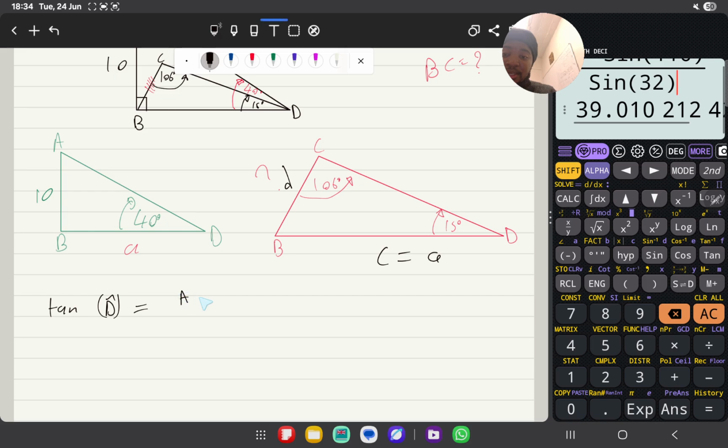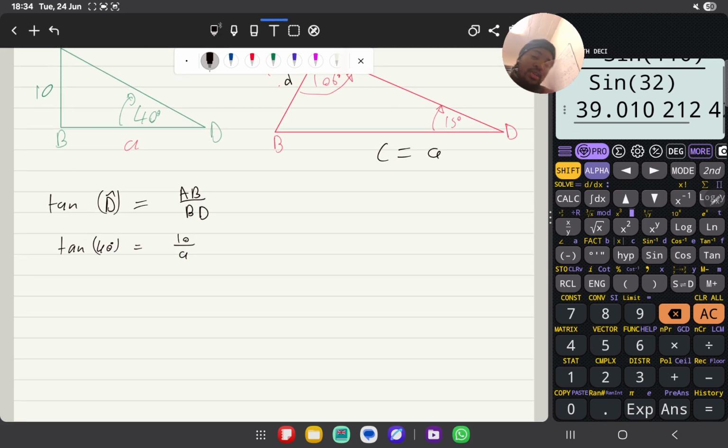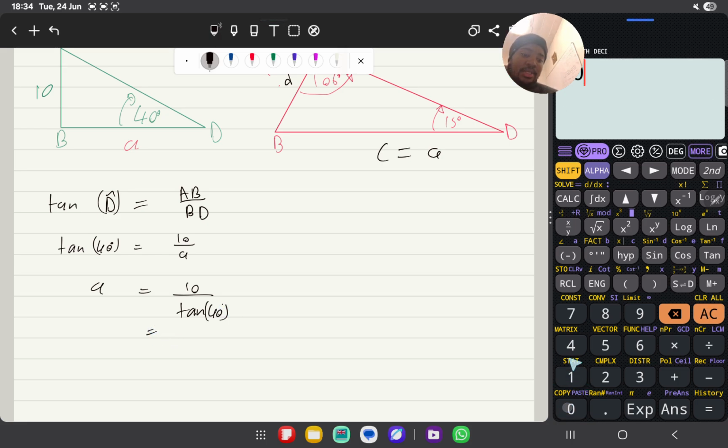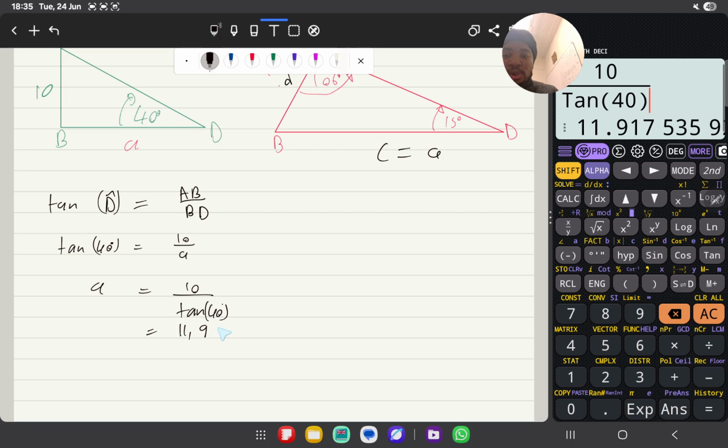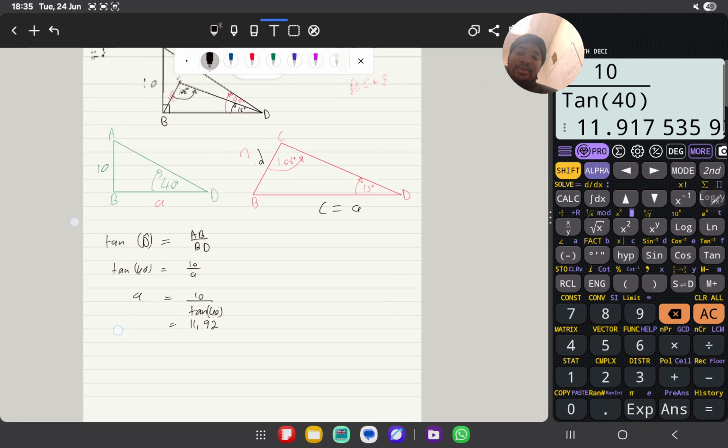Then we just swap these, so you have A equals 10 divided by tan 40, and you're getting 11.92. That's 11.92.